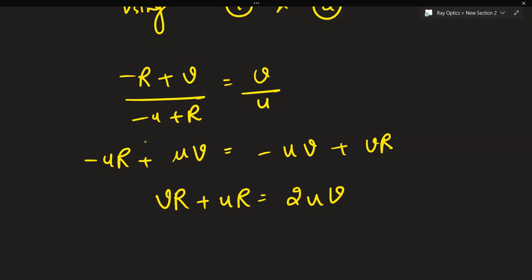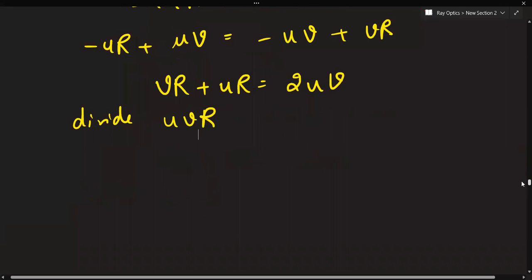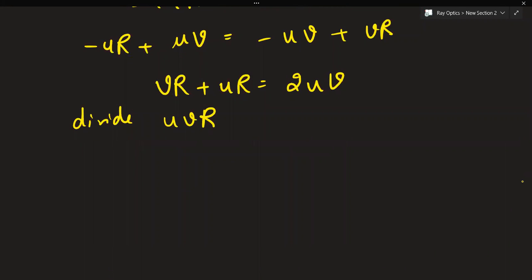Now if you divide both the sides by UVR, because we have to get our mirror formula, see what you will obtain.